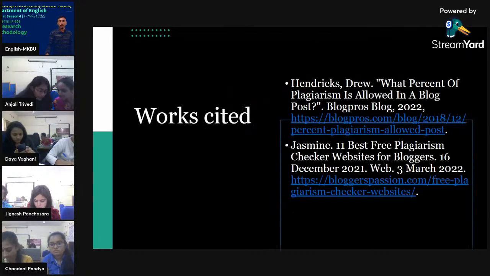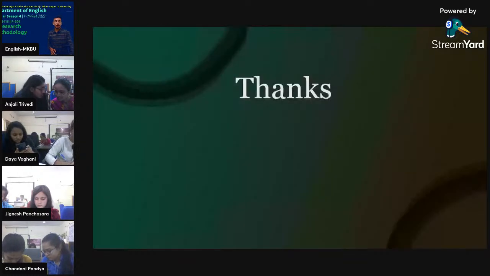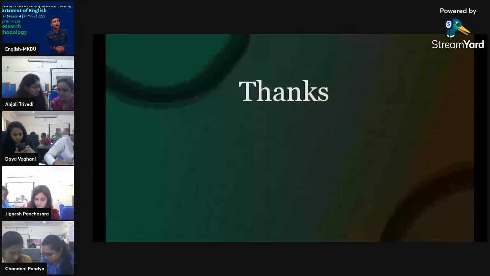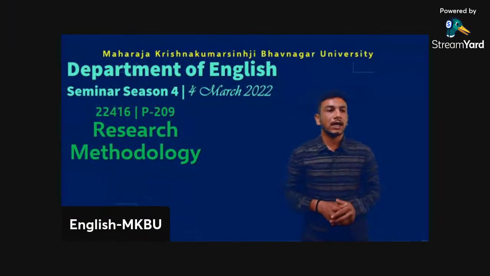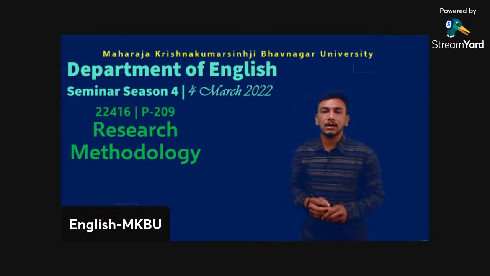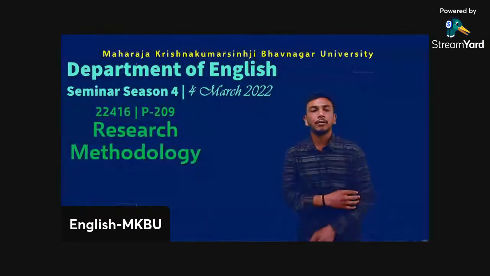So these are my work citations, and about the experience of my dissertation writing, when I was trying to choose a topic for my dissertation. At that time, I was very nervous about what kind of topic I had to choose.